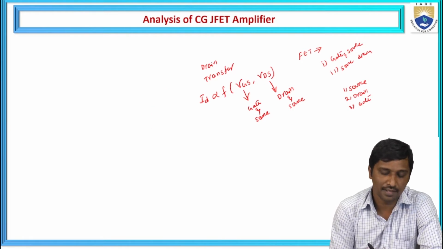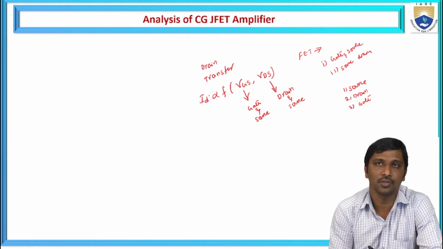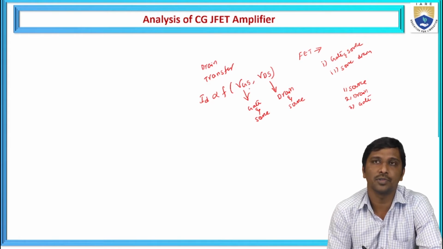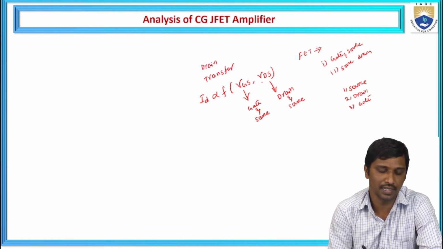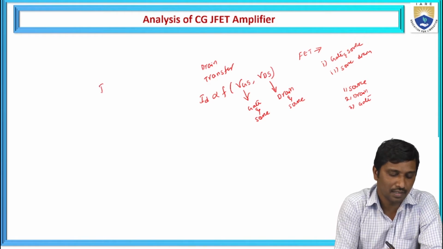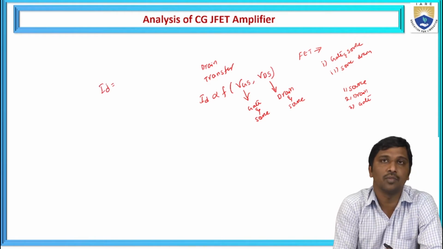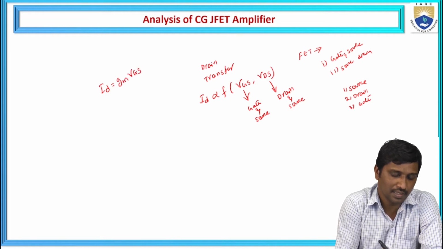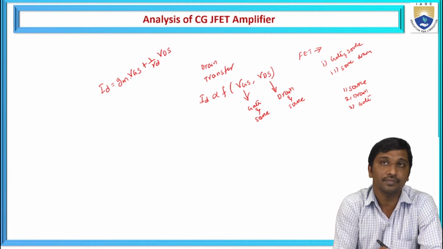From the drain characteristics or transfer characteristics, we observe that the drain current is a function of gate to source voltage as well as drain to source voltage. Hence, in the small signal model, ID is represented as gm times VGS plus 1 by rd times VDS.